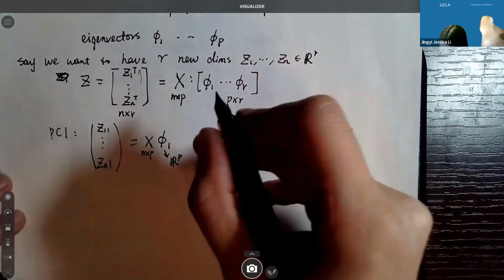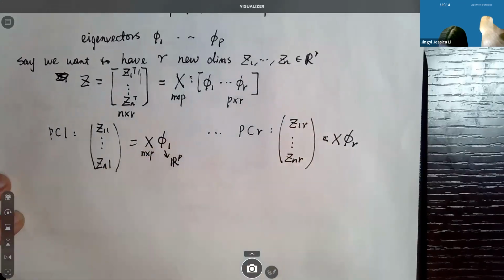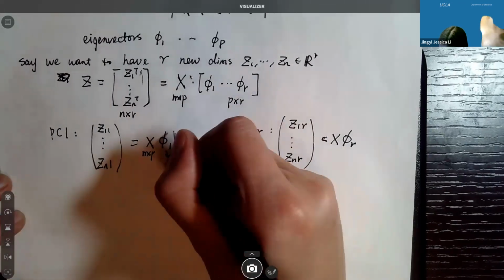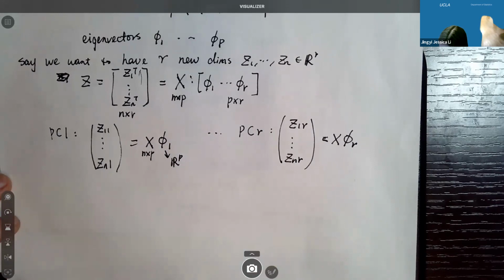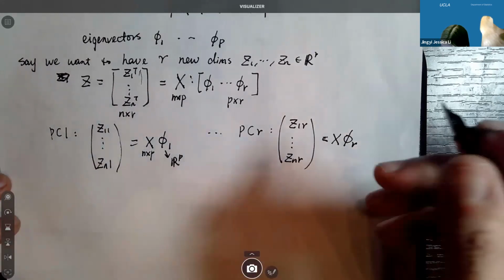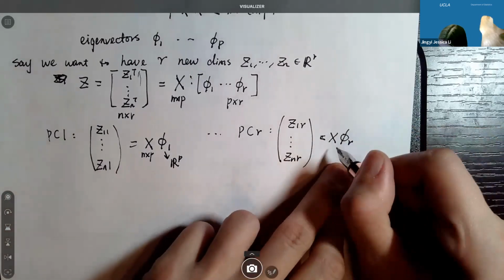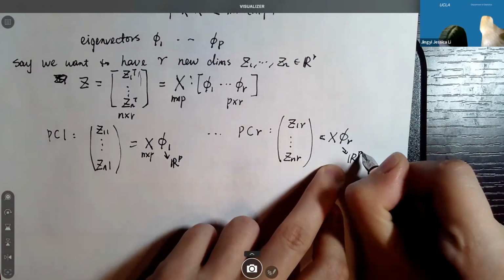Okay, I think maybe I need a transpose here. It should be p by 1. That should be correct. Yeah, this is R^p, p by 1. Sorry, so this is R^p. And this is n by p.